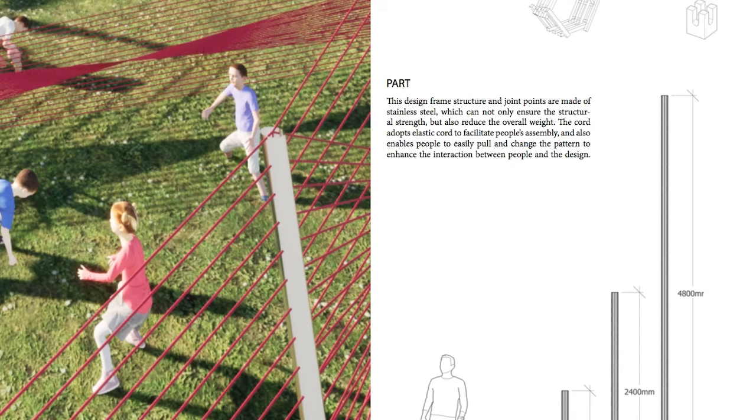Therefore, we use stainless steel to make the structure rods and joints, and the elastic rope is used to facilitate people's pulling. In addition, the structure rods come in 4 different lengths, which can be formed into various shapes.